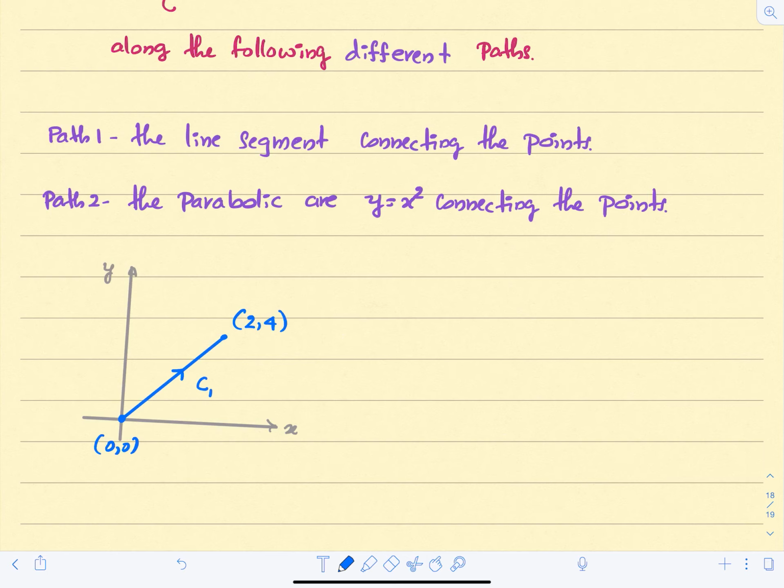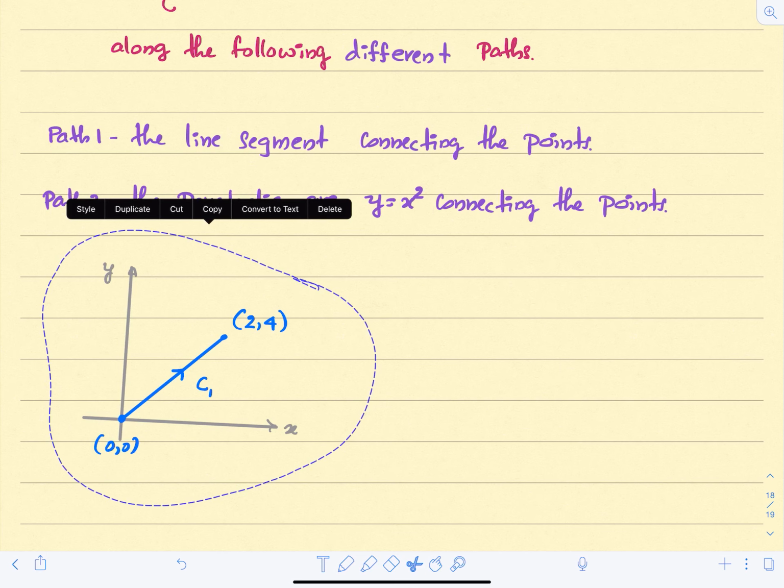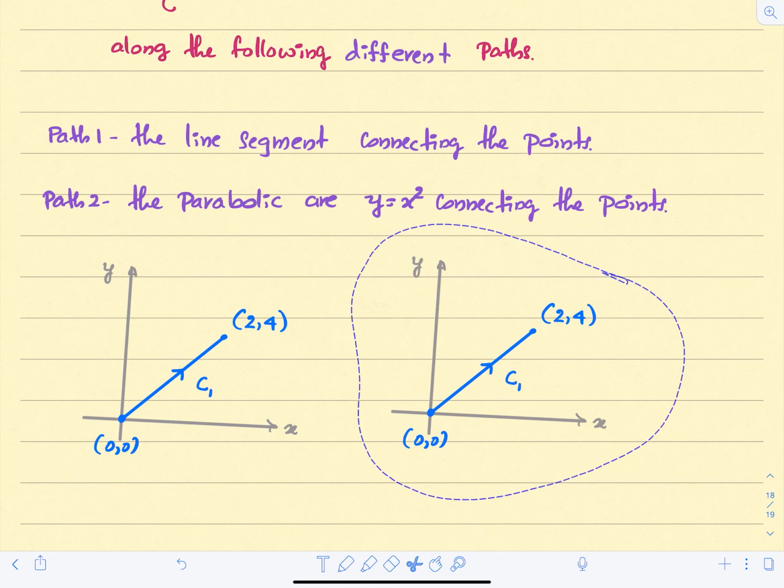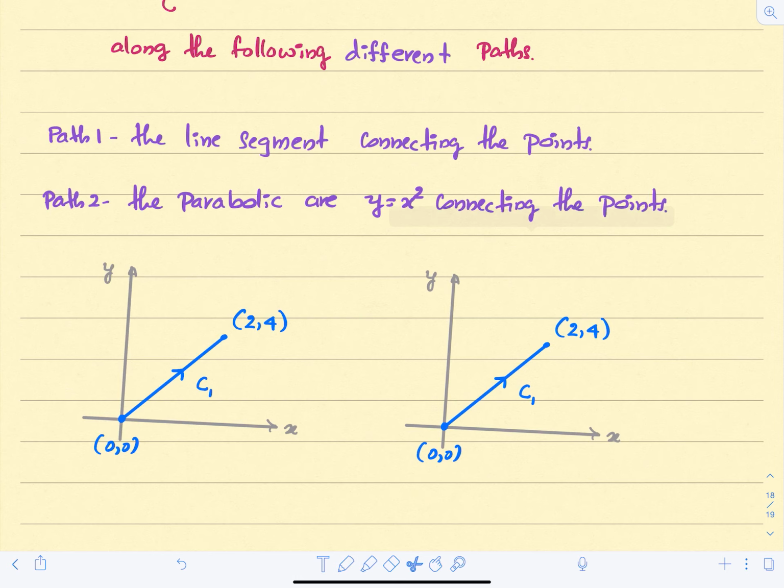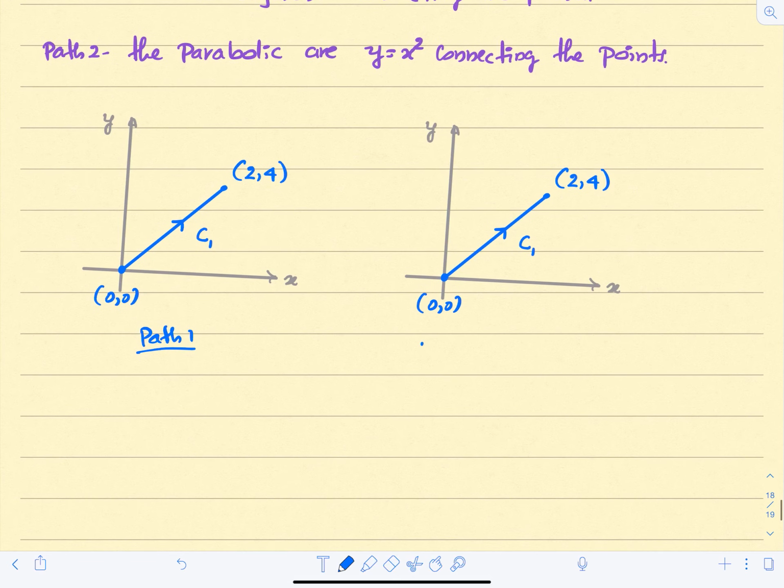And the second path is the parabolic arc y equals x squared connecting the same 2 points. So let's draw that second path. This is path 1. Here we have path 2, a parabolic arc, something like this.